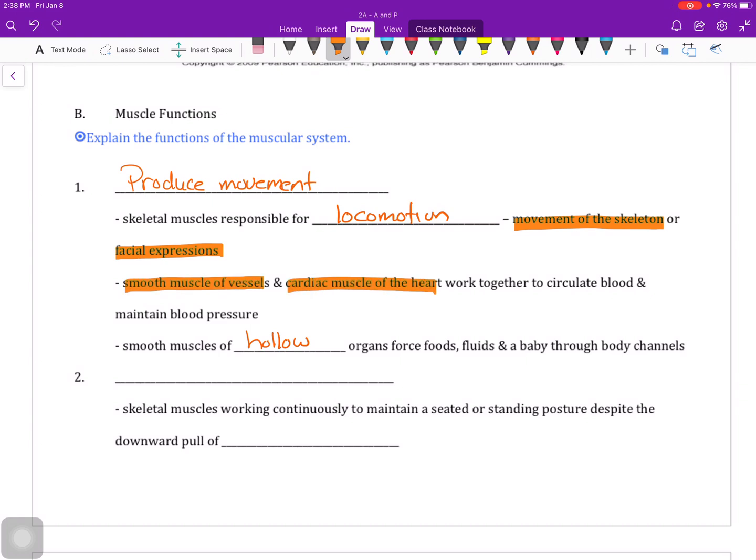Both of these help circulate blood and maintain blood pressure. And then you have smooth muscle tissue in your stomach, in your intestines, and obviously in the walls of the uterus, helping force things through body channels. Now, the second function is to maintain posture.